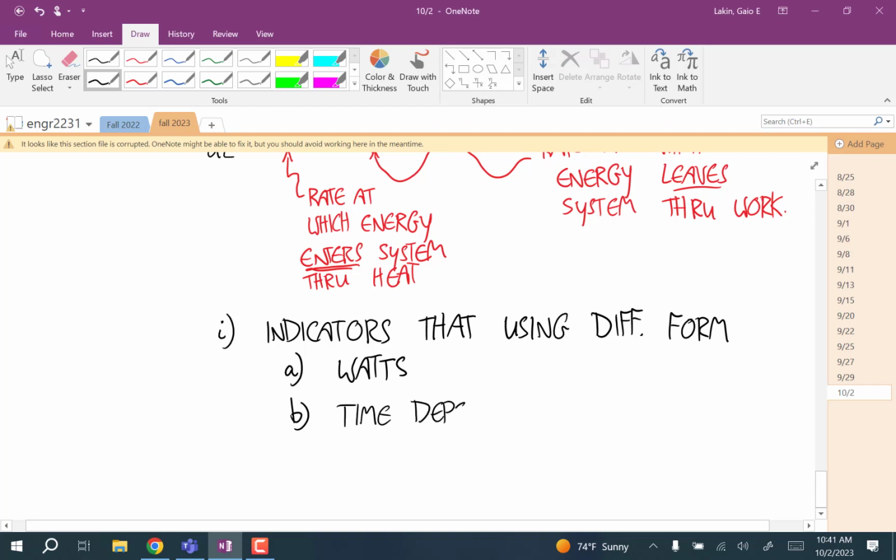So let's say a time dependence on any of your variables. Every problem that we've done where something is given as like 5t, for t in seconds or t in minutes, you're going to use the differential form for that, and you're probably going to have to integrate it.